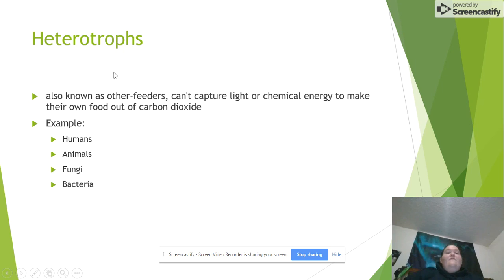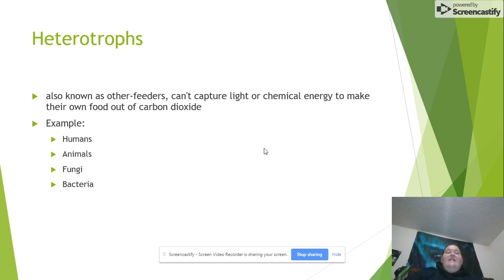Heterotrophs are also known as other feeders. So they feed off of the autotrophs. They can't use energy from the light or from chemicals to make their own food.